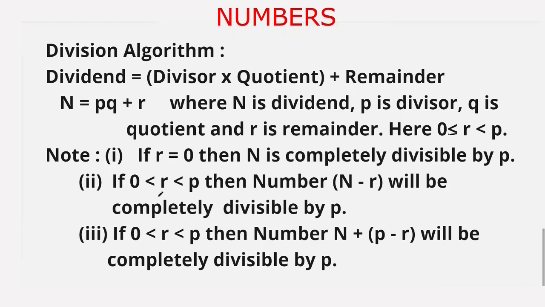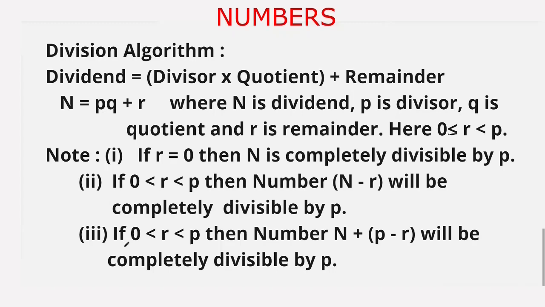Second, if 0 is less than r, which is less than p, it means that r is not equal to 0, then the number n minus r will be completely divisible by p. If there is some remainder left, then if we subtract that remainder from the dividend, the number obtained will be completely divisible by the divisor.